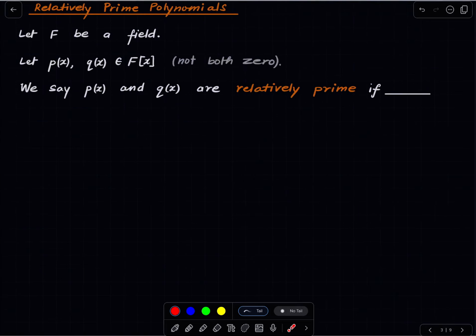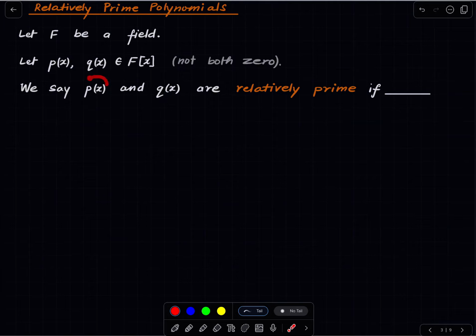So we need the notion of relative primality. Fix a field F, fix two polynomials p(x) and q(x). I like f(x) and g(x), but let's say p(x) and q(x), not both of which are 0. So the notion of relative primality will apply only when not both are 0. One of these can be the 0 polynomial, but not both of them.